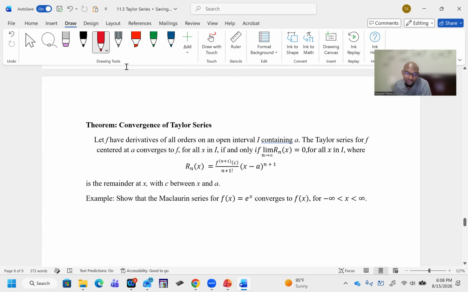So now, the theorem on convergence of Taylor series. Let f have derivatives of all orders on an open interval I containing a.